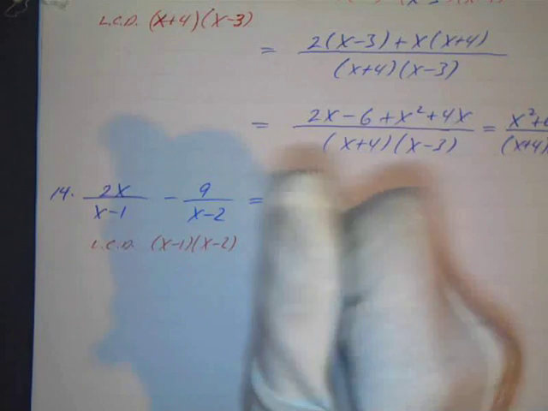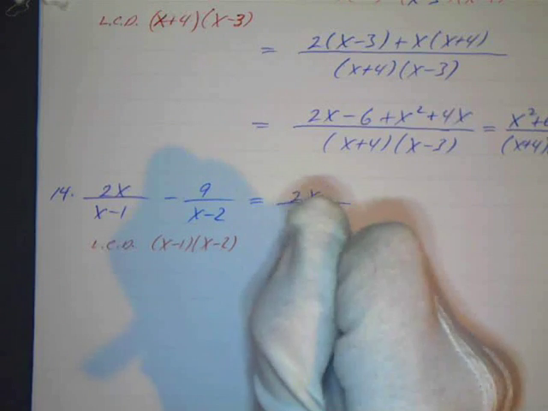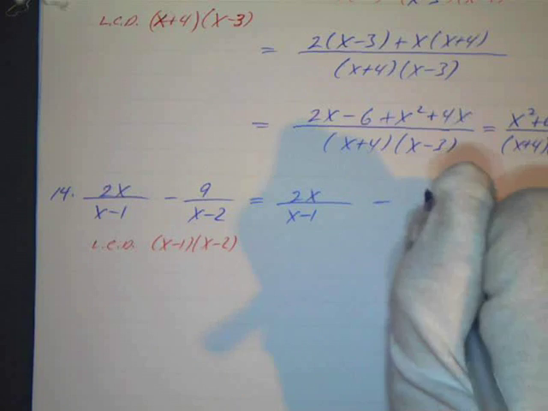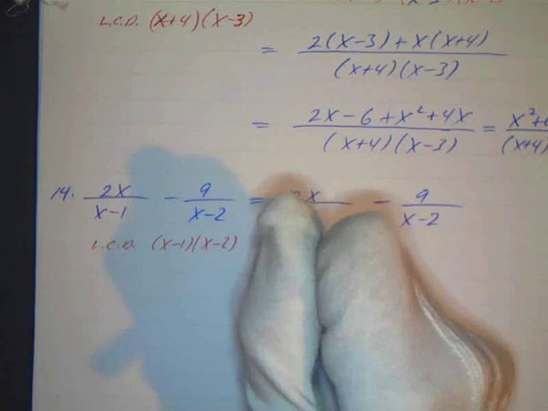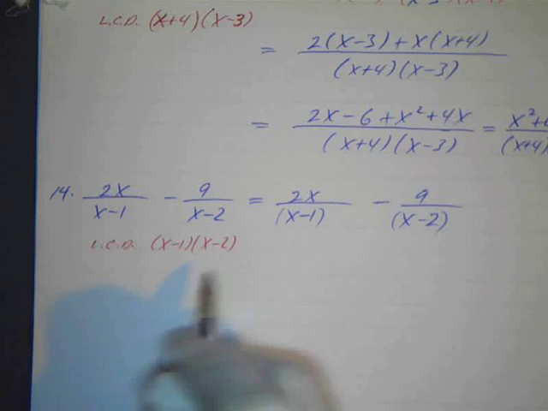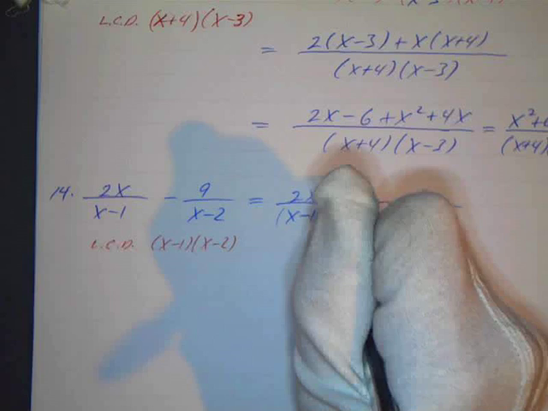So I've got 2x all over x minus 1, and then minus 9 all over x minus 2. And we want to make both these denominators look like the LCD. So what am I missing here? An x minus 2, so I multiply the top and the bottom by x minus 2.